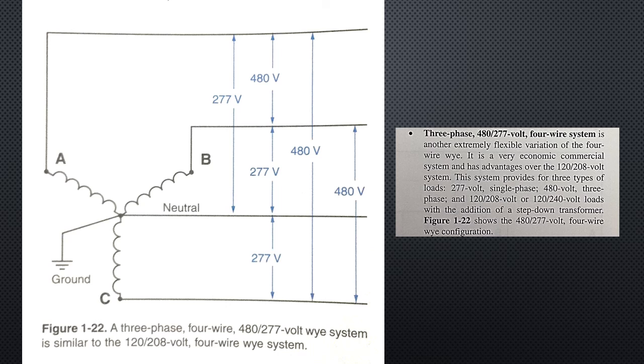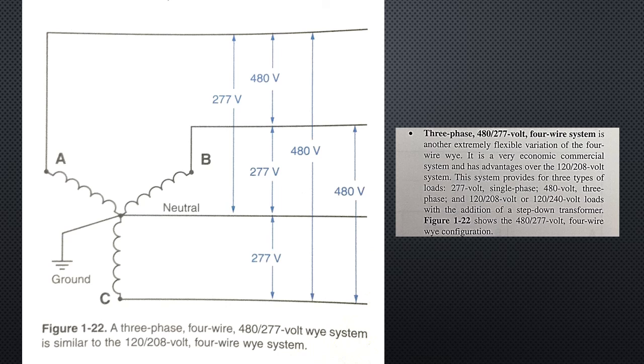Fourth, the 3-phase 480/277 volt 4-wire system is another extremely flexible variation of the 4-wire Y. It is a very economic commercial system and has advantages over the 120/208 volt system.